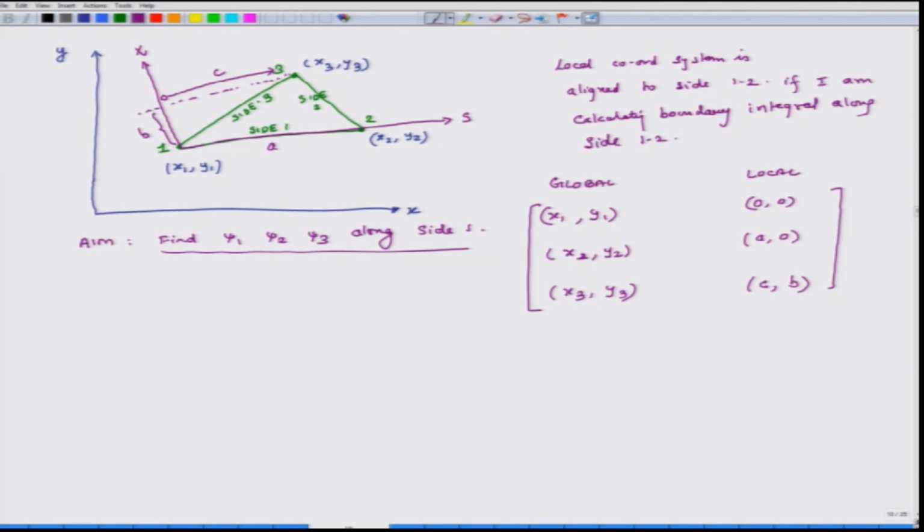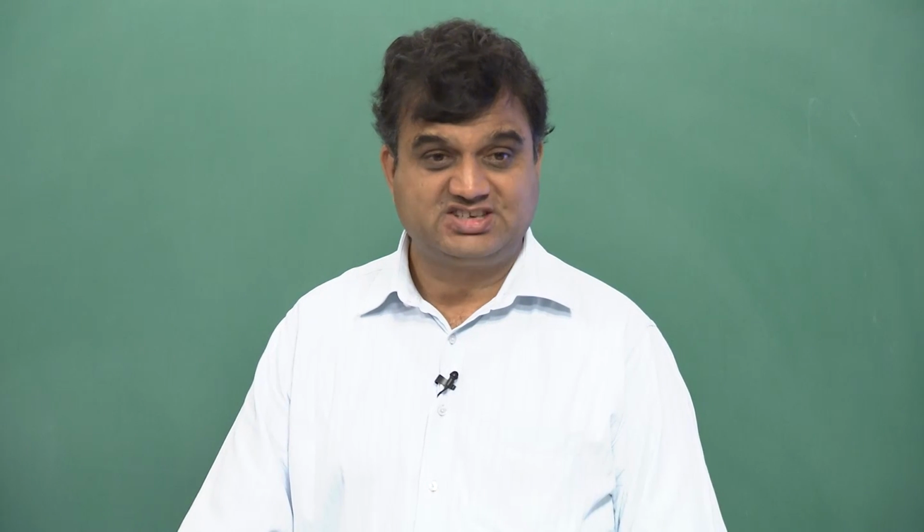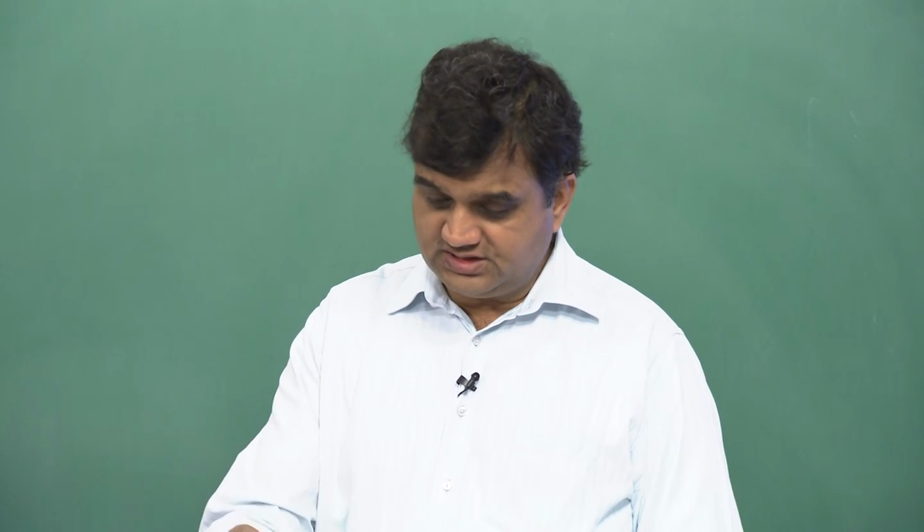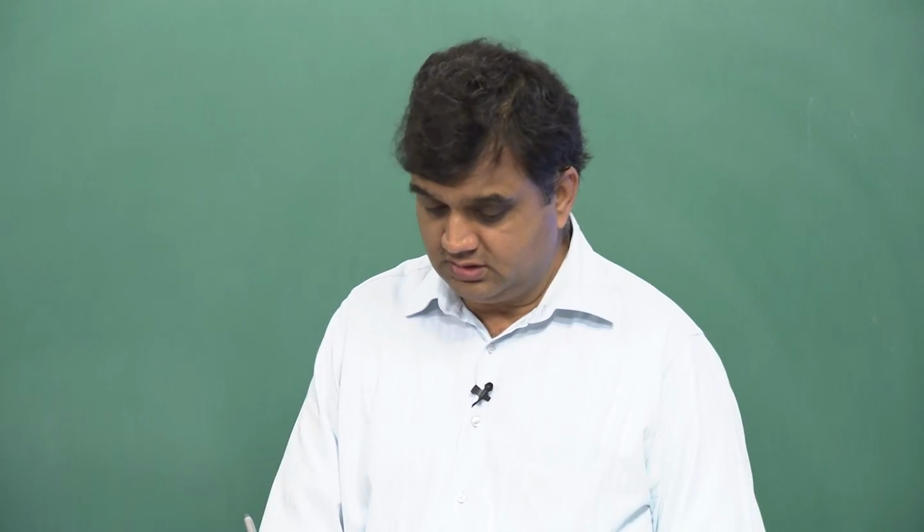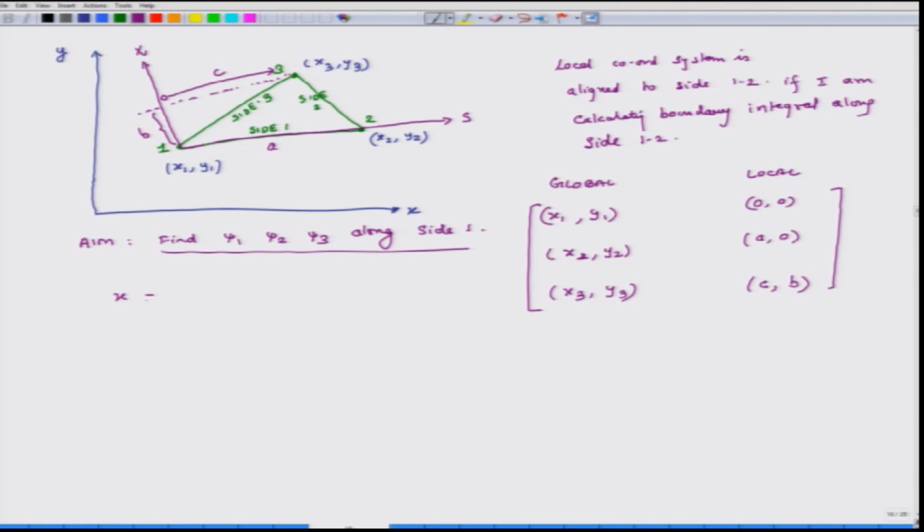Okay. So first thing is I have to find some formula which transforms x, y into s, t. And this is a linear transformation. So I can write x is equal to a1 plus b1 s plus c1 t, and y equals a2 plus b2 s plus c2 t. Okay.